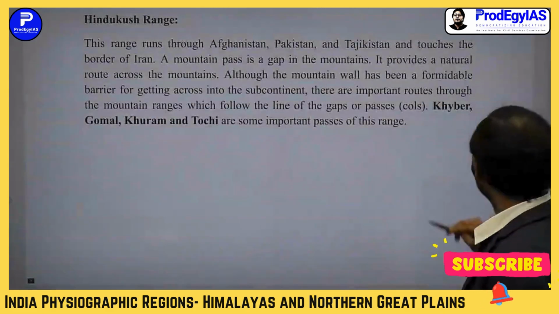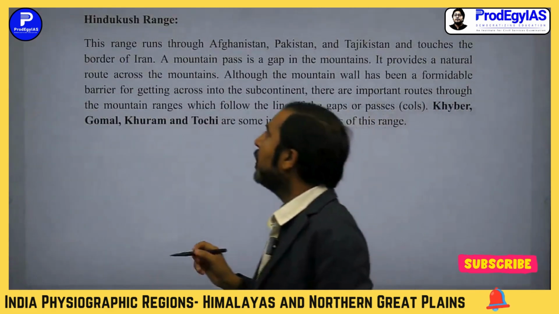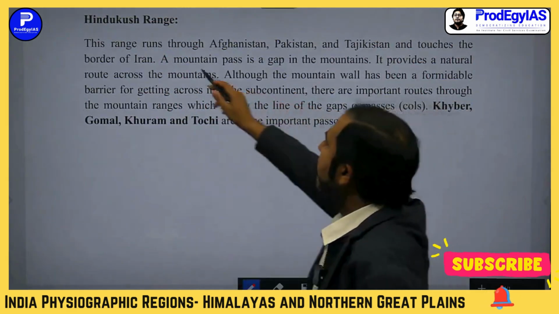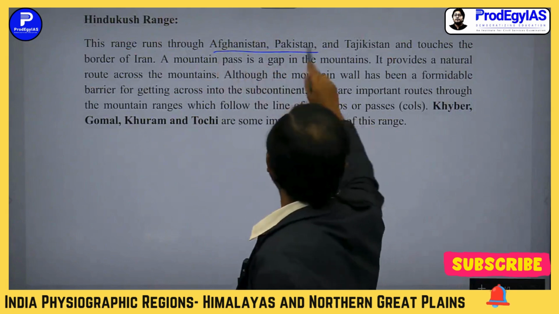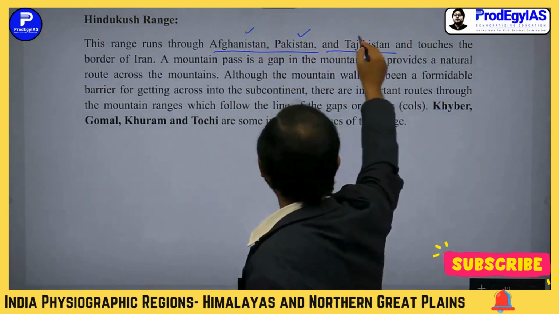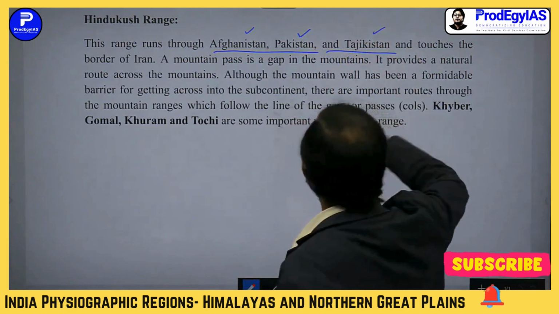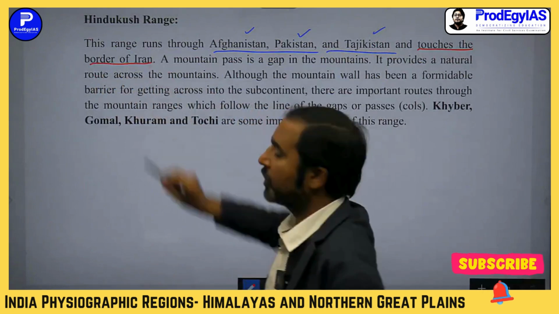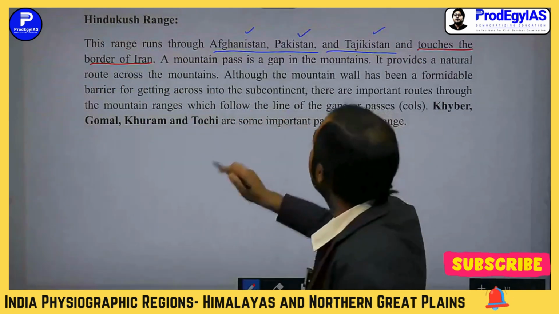See this Hindu Kush range. Now we will study them one by one. Hindu Kush range runs through Afghanistan, Pakistan, Tajikistan. It is extended in Afghanistan, Pakistan, and Tajikistan, and it also touches the border of Iran. Its extension is up to Iran.